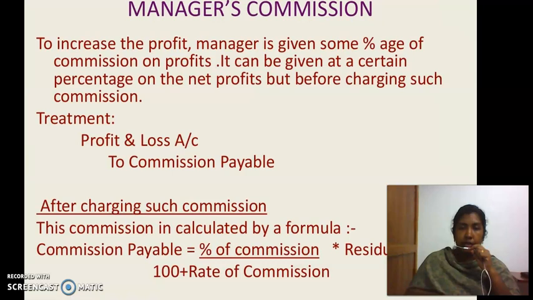The accounting treatment is profit and loss account debit to commission payable. After charging such commission, it is calculated by the formula: commission payable is equal to percentage of commission divided by 100 plus rate of commission, into residual profit.